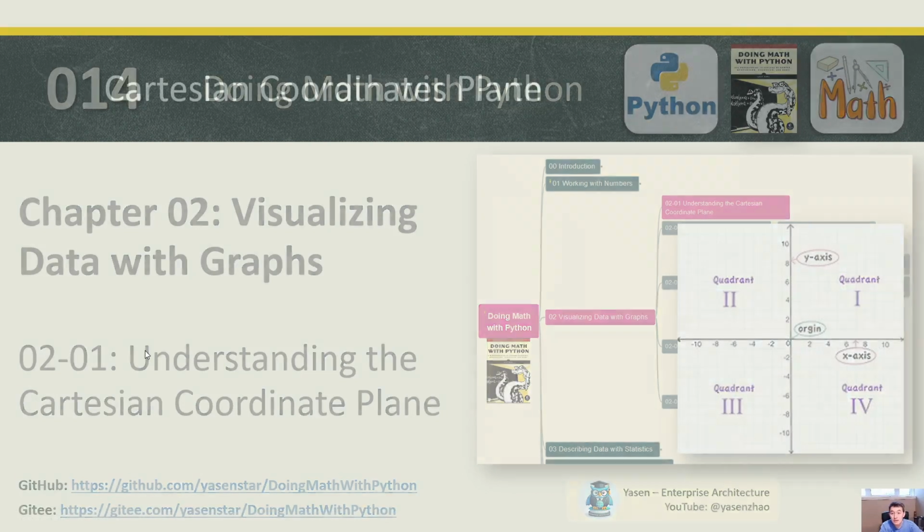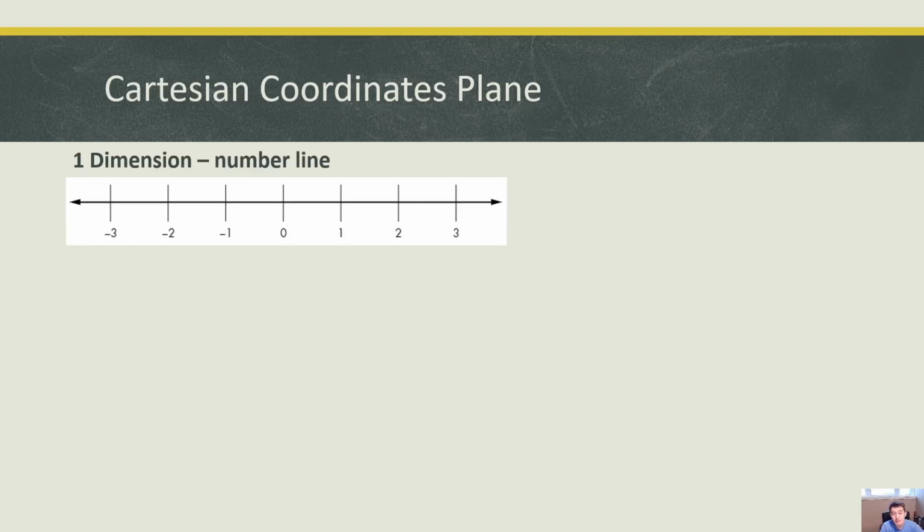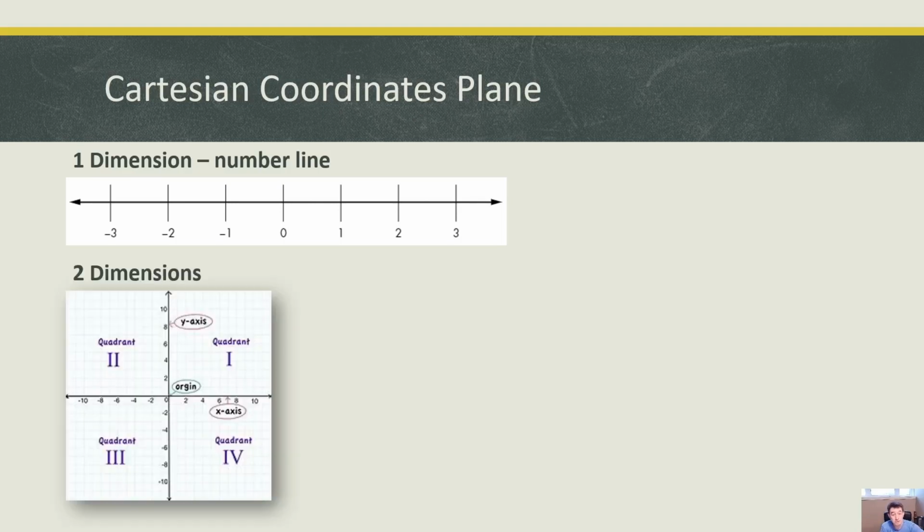Let's have some more ideas beyond this Cartesian coordinate plane. First, we know 0 dimension, which I already mentioned is just a point. Starting from 1 dimension is a number line, and the 2 dimension is this Cartesian coordinate plane. As you just learned, we can use a pair of numbers, x, y, to represent a unique point within this plane.